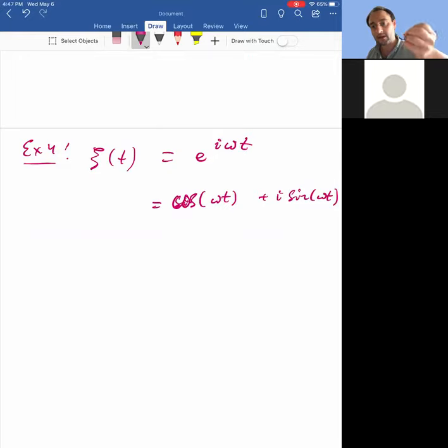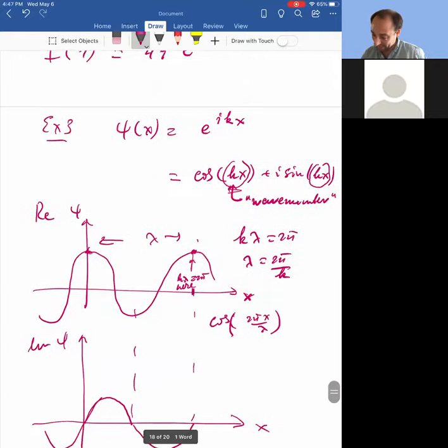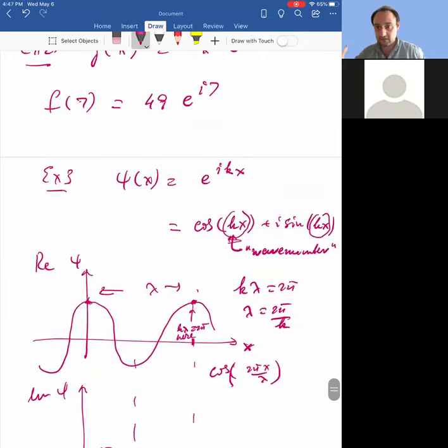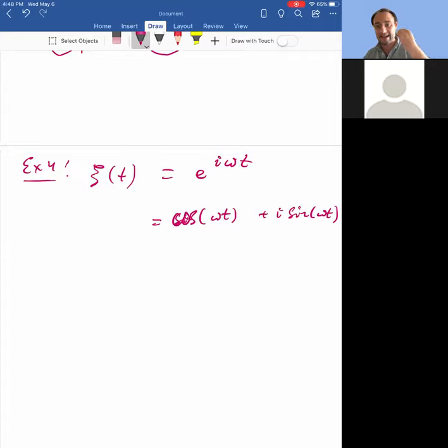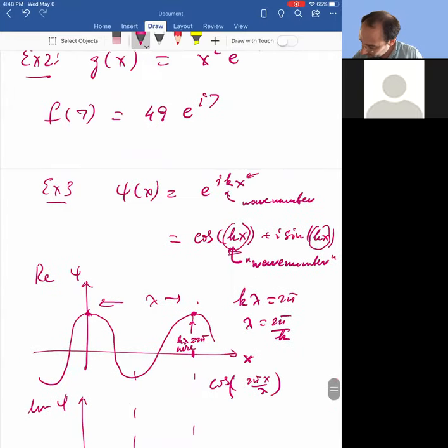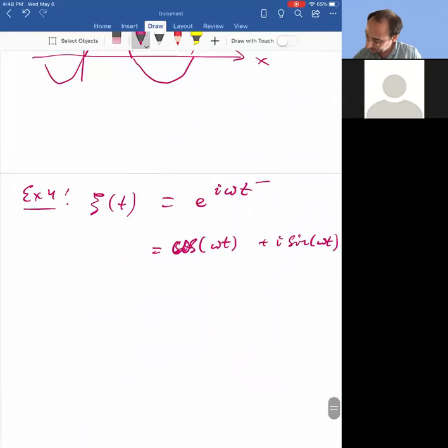So when the independent variable is space, the thing that sits in front of x, the location in space, is called the wave number. When the independent variable has the meaning of time, the thing that sits in front of the independent variable is called angular frequency.